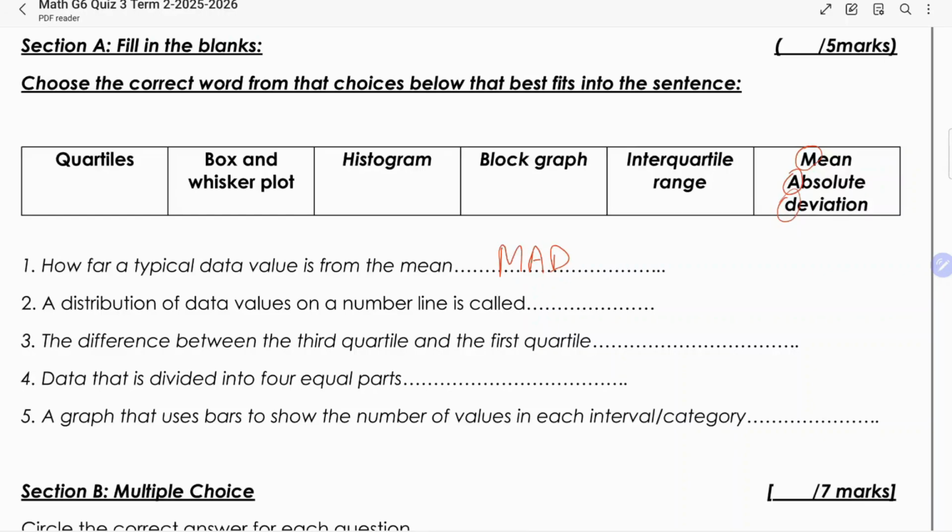Now the second question says a distribution of data values on a number line is called. So the answer for this one would be box and whisker plot, also known as a box plot. It's like those Minecraft cats that are square with the whiskers.